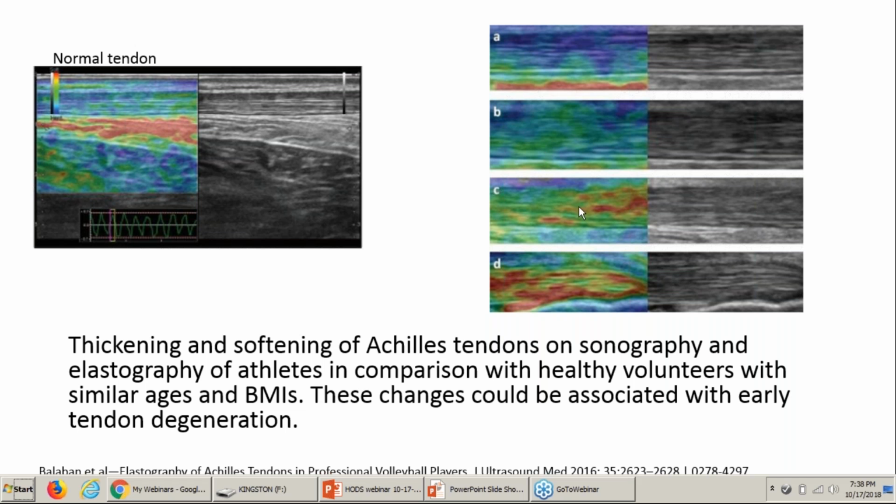On the right, you can see grades A, B, C, D. You can see the red area is more significant in D versus C, B, and A. So these are just gradations of abnormality, and these are people who were not symptomatic.